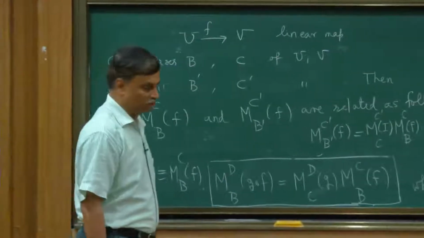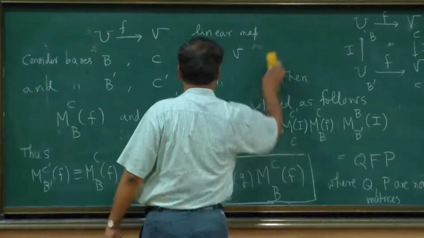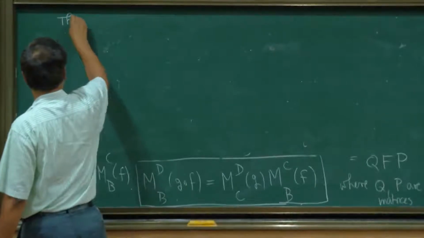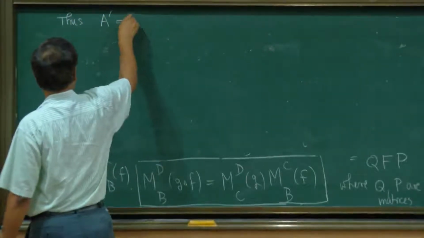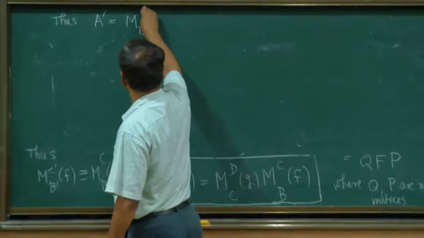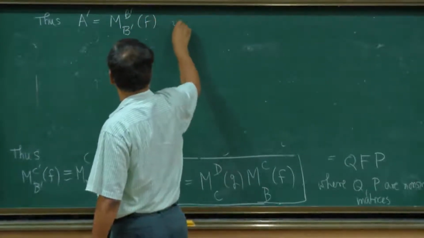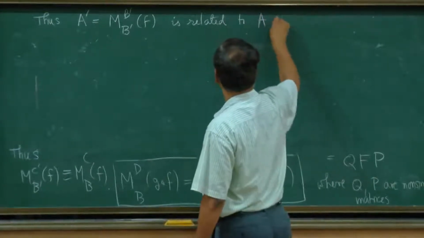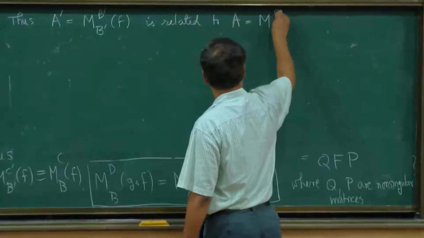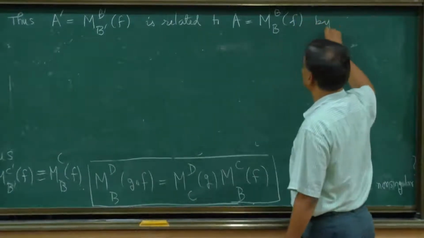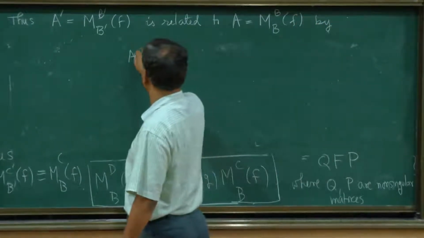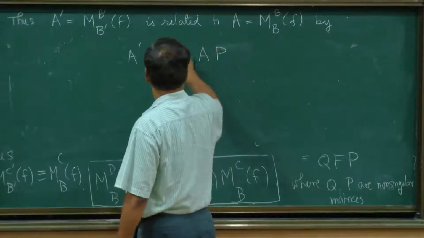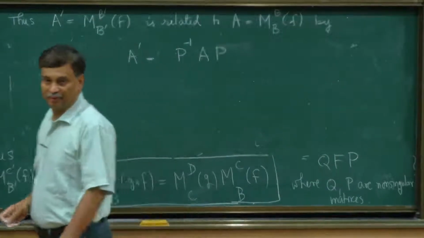Okay. So, what is the upshot then? The upshot is thus, let us call A dash the matrix of F with respect to B dash, which is related to A, the matrix of F with respect to B, by the relation that A dash is equal to, so I call this A, I call this P, and this becomes P inverse A P. Okay.